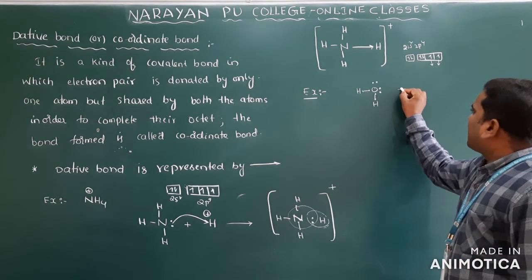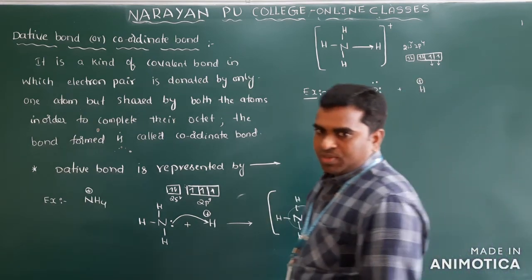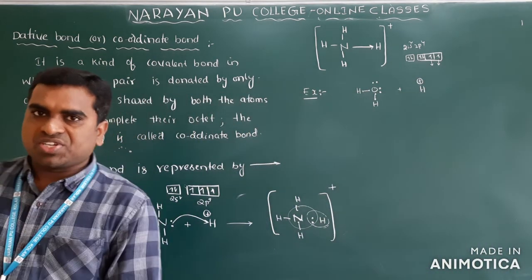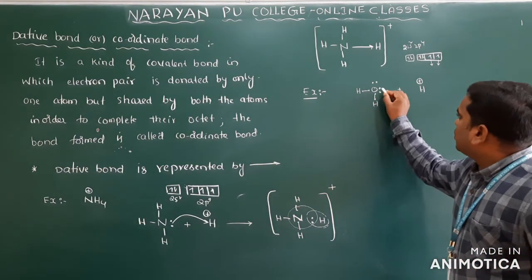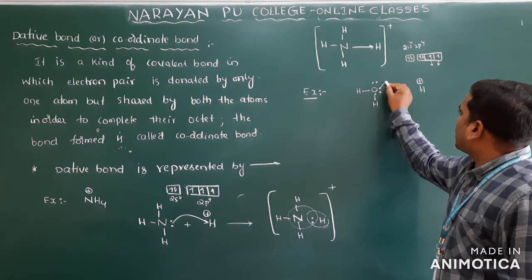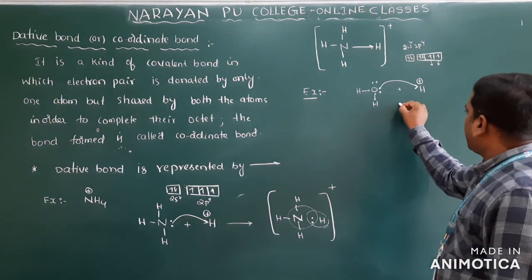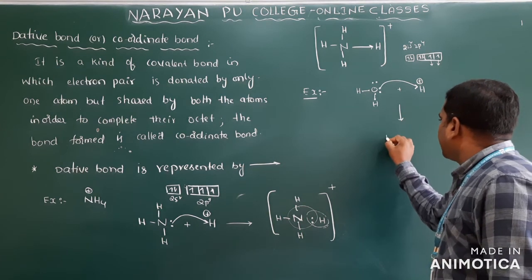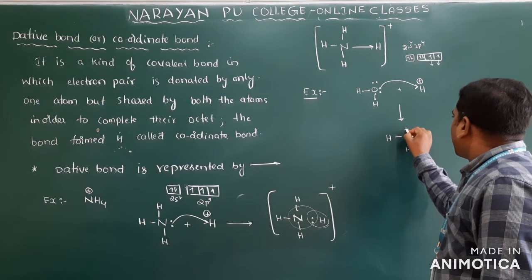Clear? Now if any electron deficient compound comes here, what will happen? This oxygen has a lone pair of electrons, and this pair of electrons it donates to the hydrogen. So then what will happen? You will get hydrogen and oxygen, and what is the charge?